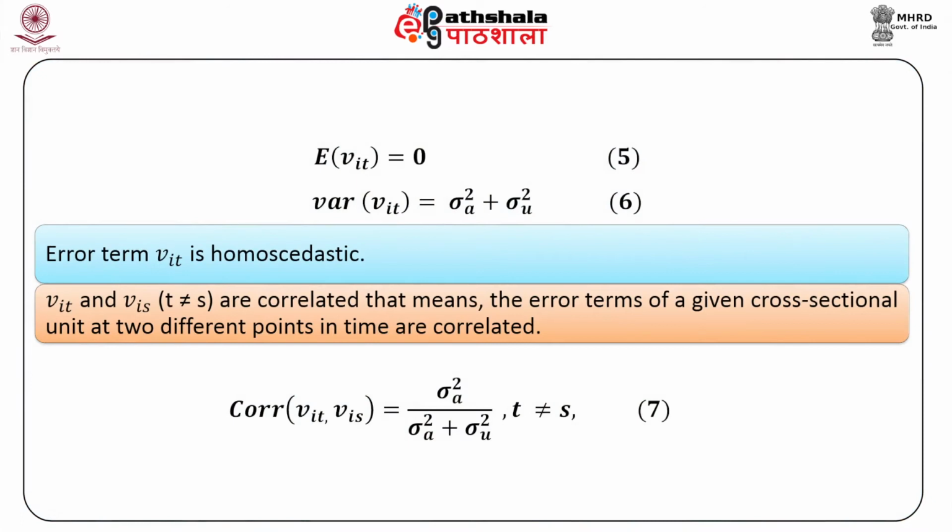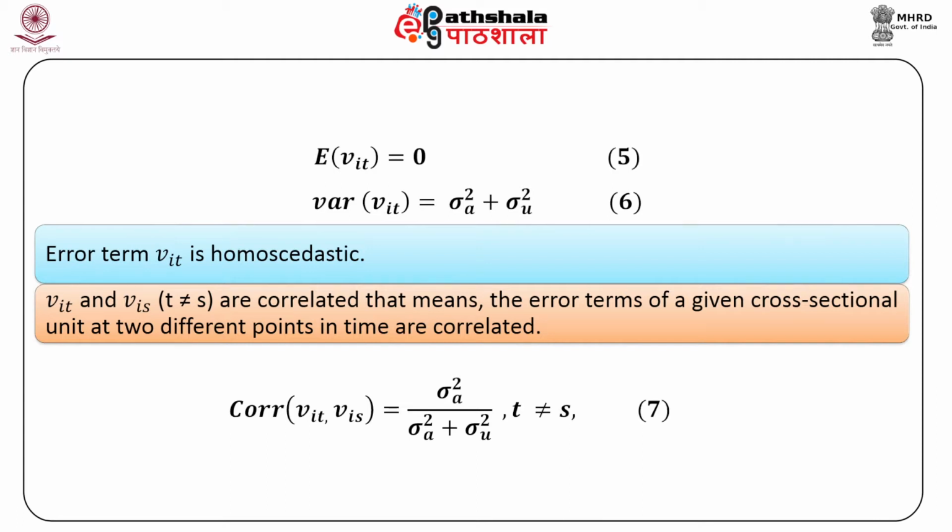From the assumptions stated above, it follows that the expectation of v_it is equal to 0 and the variance of v_it is equal to sigma squared a plus sigma squared mu, that is, the variance of a plus the variance of mu. The above equation shows that the error term v_it is homoscedastic.